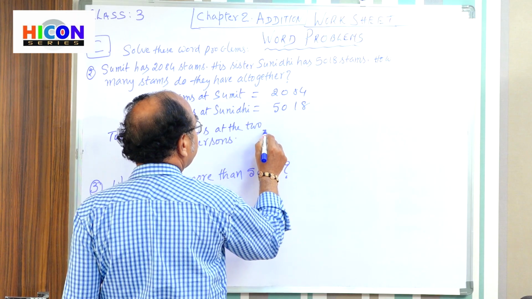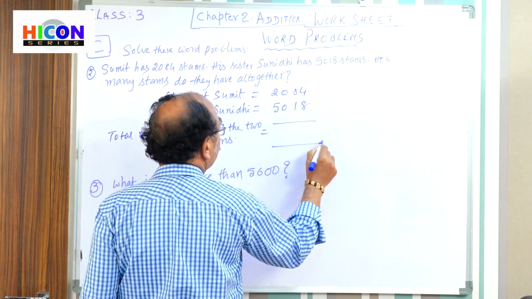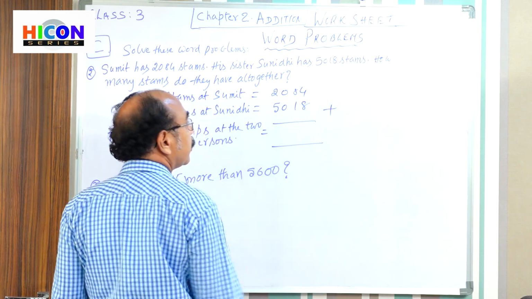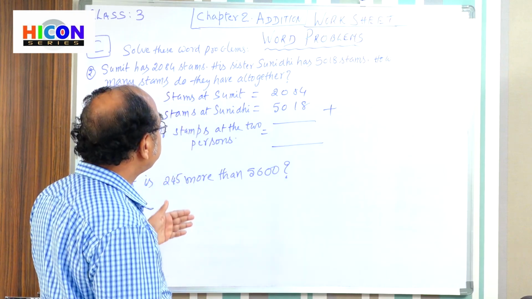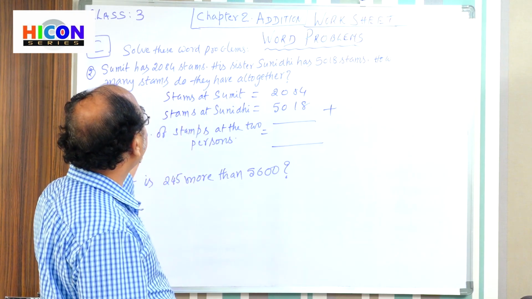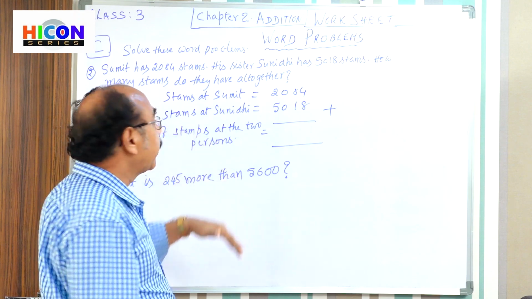So here what we do? We add the 2. We do addition. By addition we can say altogether totally how many stamps are there?